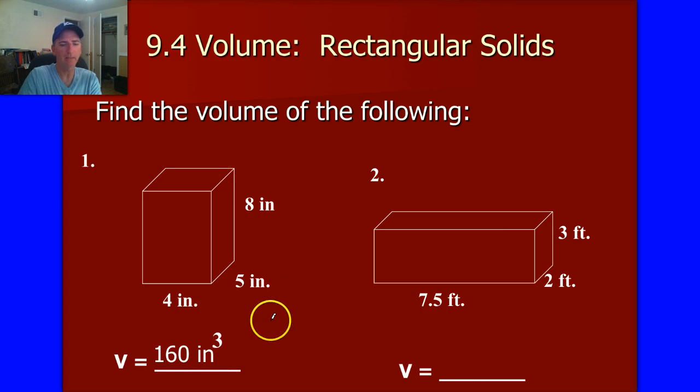But notice my label is cubed now. It's the power of 3, because again, we're talking about using little cubes to measure the space inside this object. If we did the same thing for number 2, you get 45 feet cubed. So simple enough.